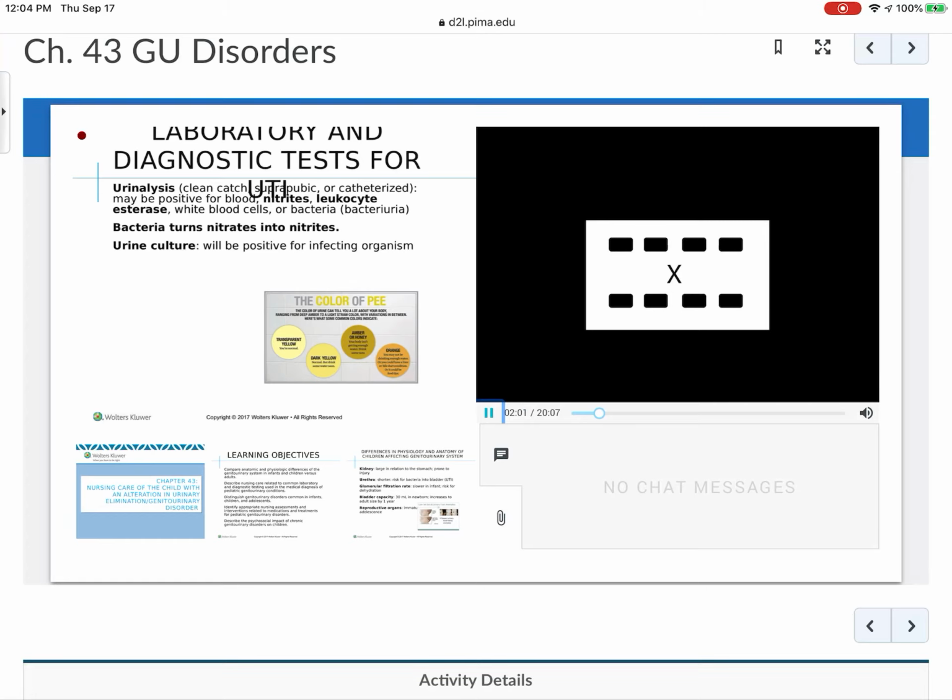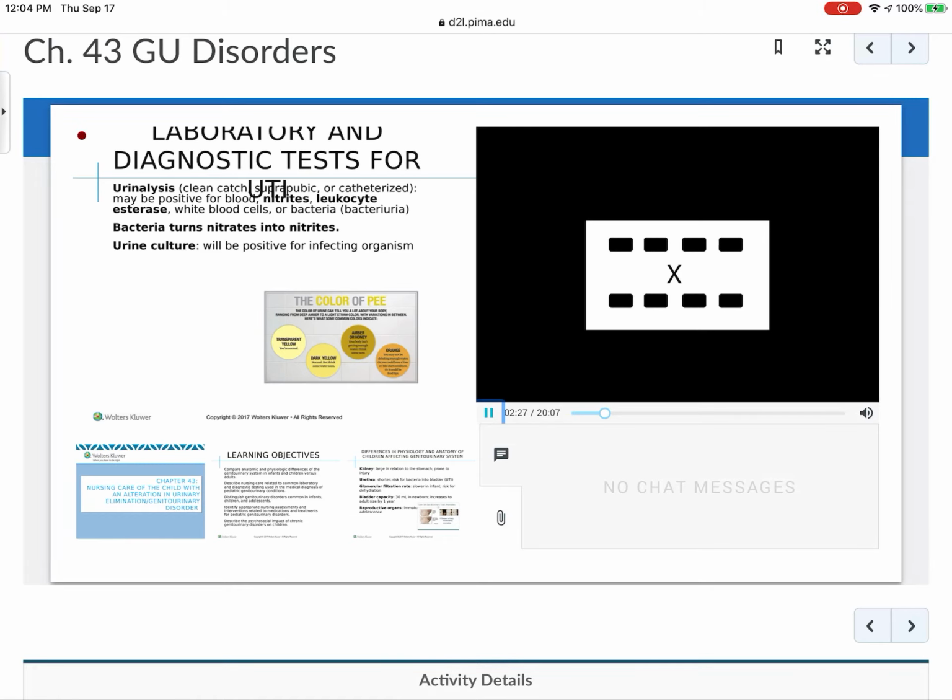Some of the tests that we're going to use, we talk a lot about urinary cultures and urinalysis. We talk about clean catch. We did some catheterization of kids in the lab. Suprapubic taps sometimes are used if they can't obtain a sterile urine specimen.